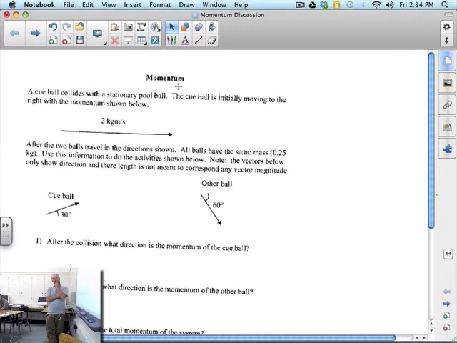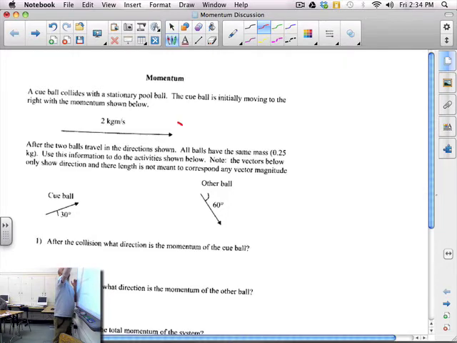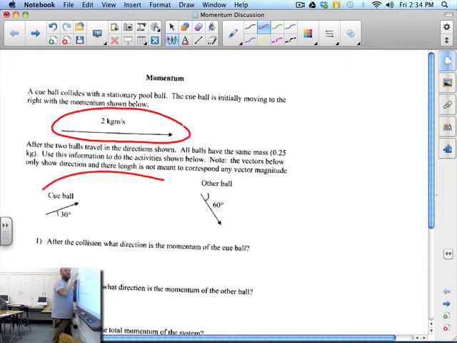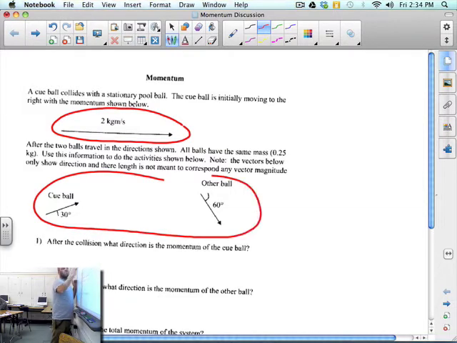Okay. Now, I have to step back. Before we do this, are you realizing that a collision happened here? This one is before the collision, and this is what happens after the collision.